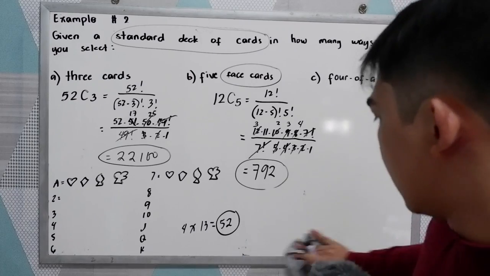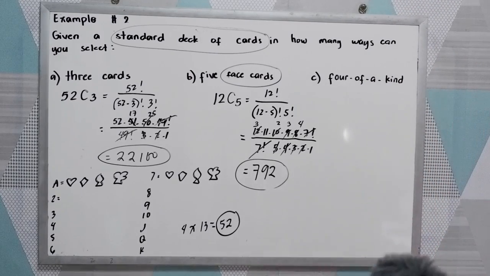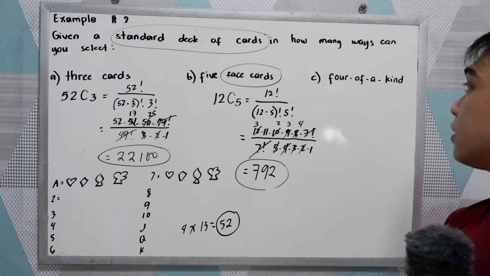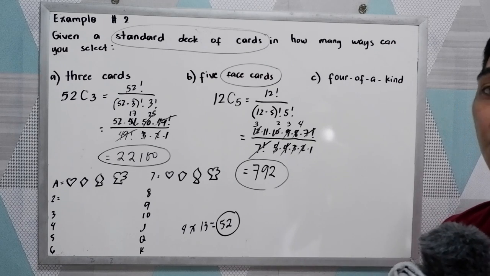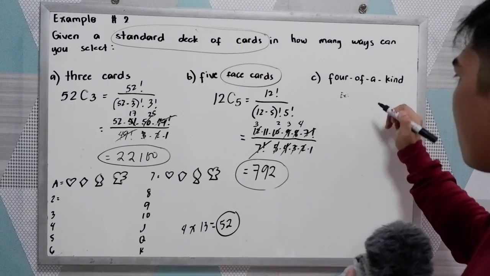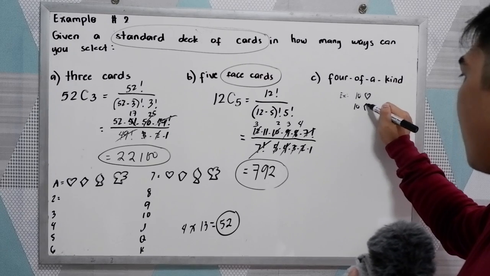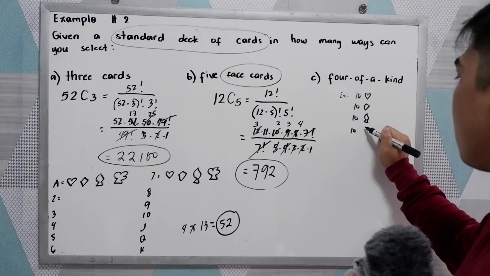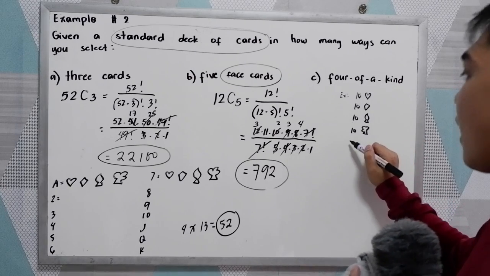For letter C, 4 of a kind. So what is 4 of a kind? That is a set of 5 cards. Then we have 4 of a kind and another card of different kind. Example of that is if we have 10 of hearts, 10 of diamonds, 10 of spades, then 10 of clubs, then any different card.